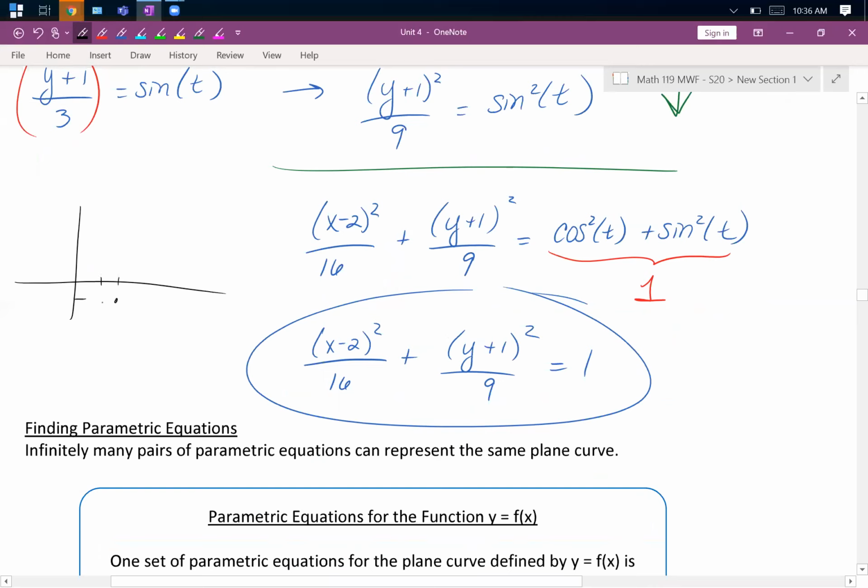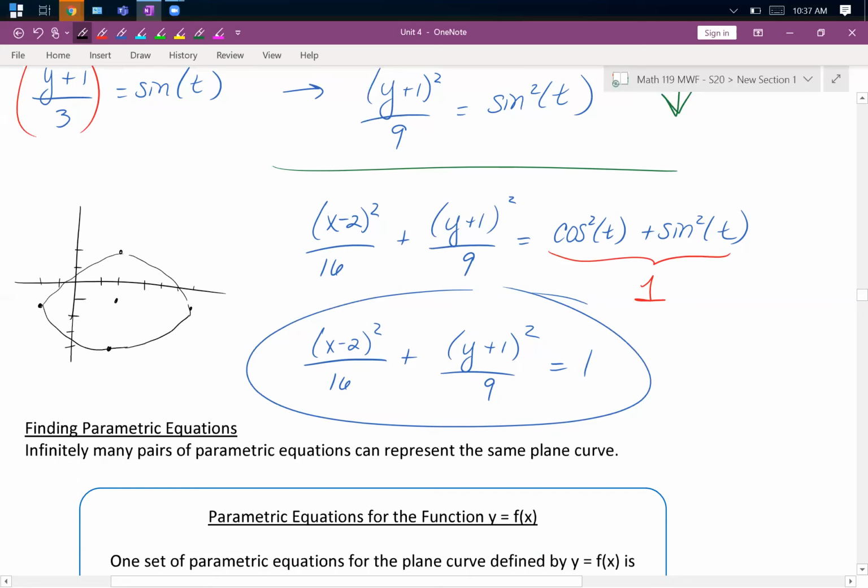We're going to go 4 in the x direction, 3 in the y direction. There's our ellipse here. It's the worst drawing ever.